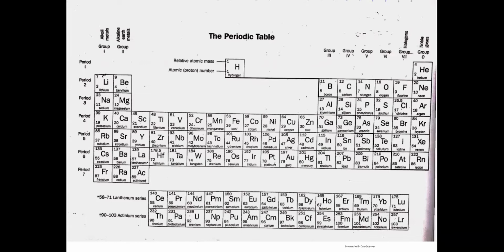Now, this table is actually divided into 2 parts. You have these columns, as you can see here. Are you all seeing the columns? So we have group 1. Let me zoom in a little more. Just give me a minute, right?